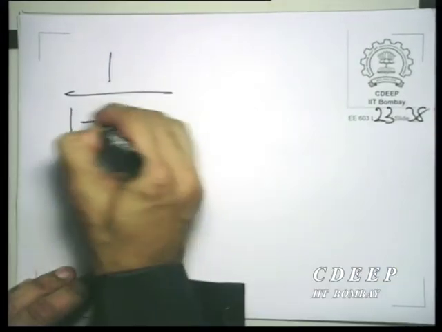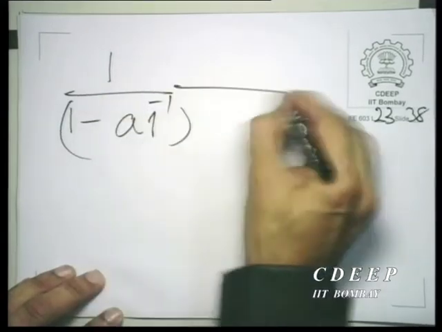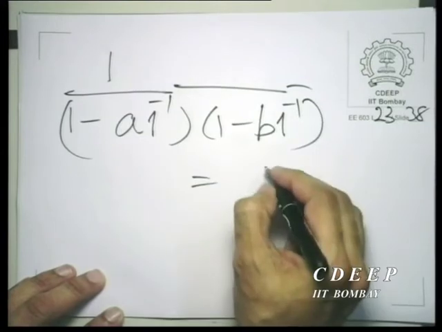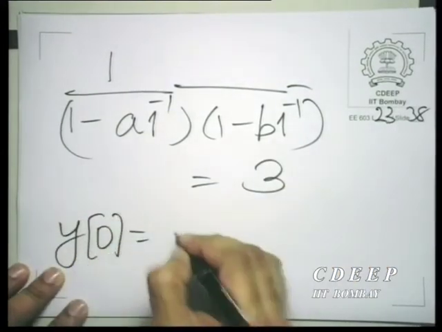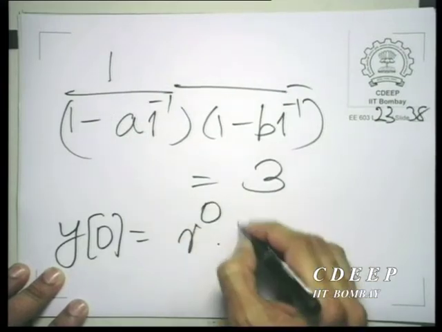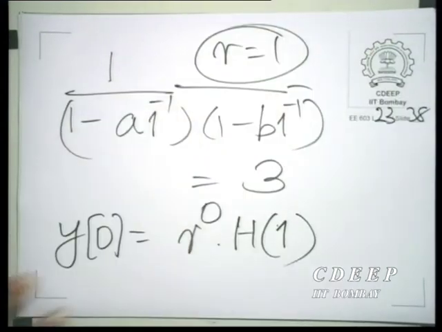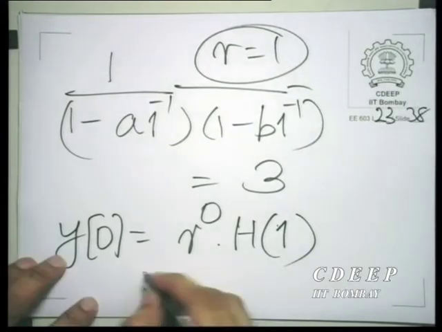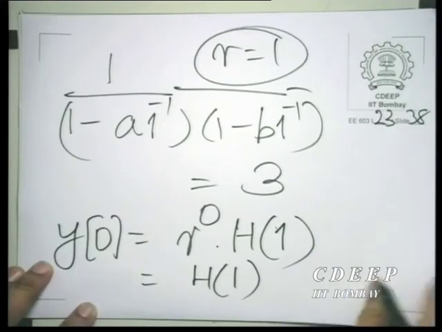1 by (1 minus a times 1 inverse) into (1 minus b times 1 inverse) is equal to 3. Remember, y of 0 is r to the power 0 times H evaluated at 1. This is for r equal to 1. So, y of 0 is simply H of 1 here for r equal to 1.